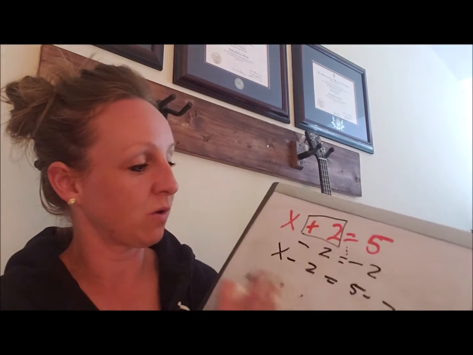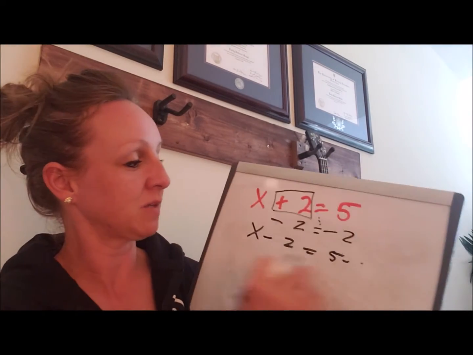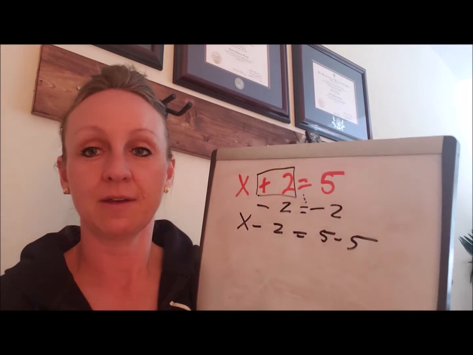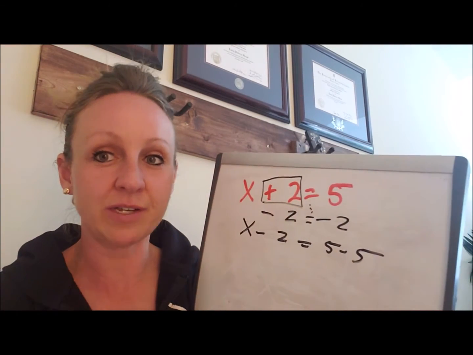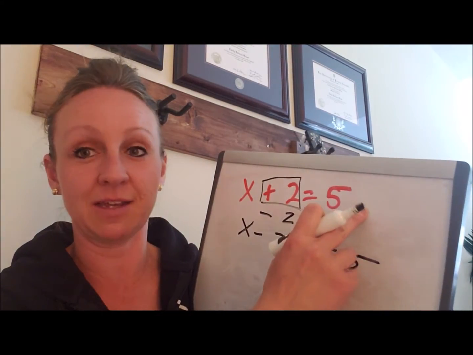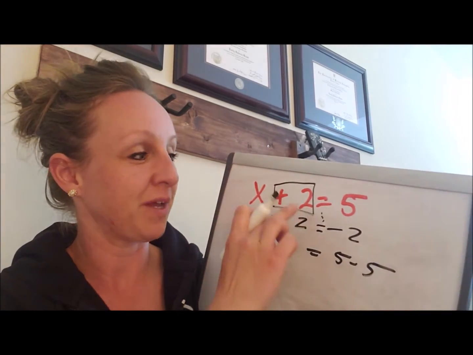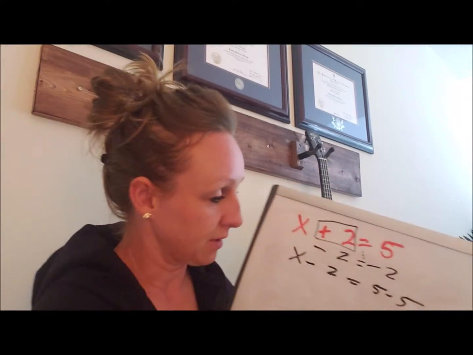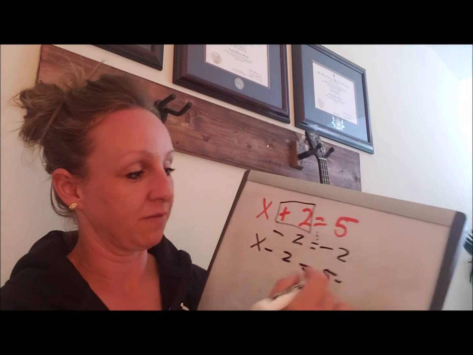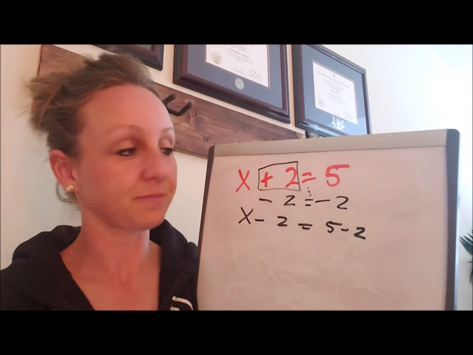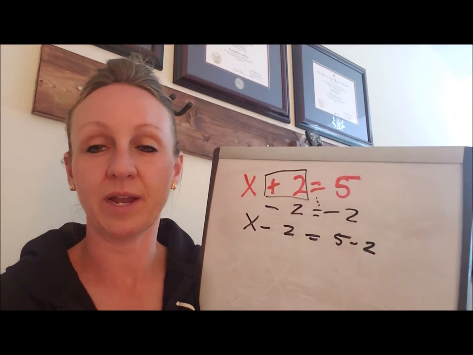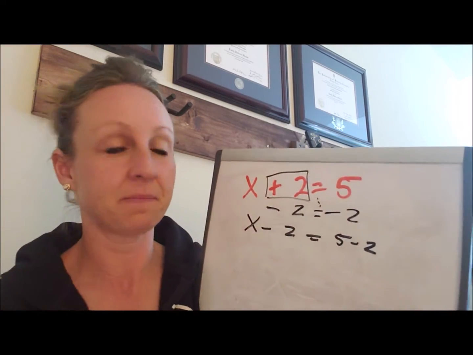But if I saw you write x minus 2 equals 5 minus 5, then as your teacher, I'd say, oh, I see what you did here. You subtracted 2, but you had to subtract the same number on both sides. This is why we write everything down, so that we know what happened, where we went wrong, and where we went right.